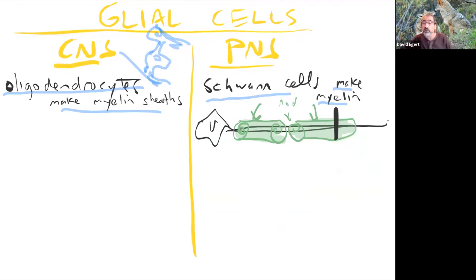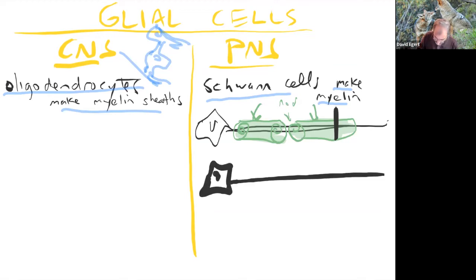Imagine you have damage. Remember, PNS, this is outside the brain and spinal cord. You cut yourself or you whack yourself really bad. It's not that uncommon to injure. So here is my neuron. Here's the myelin sheath.